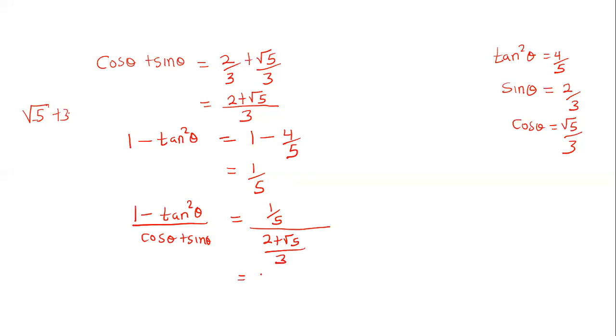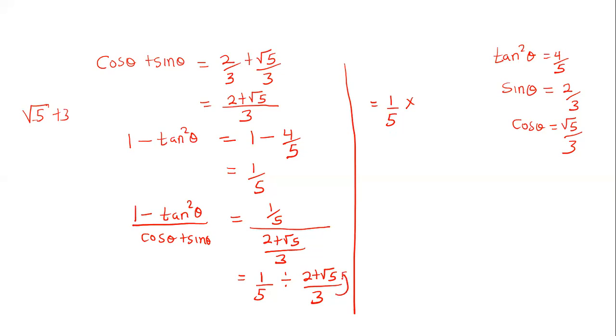Now we shall continue and say this is the same as 1 out of 5 times the reciprocal. This one comes up, this one comes down. So we shall have 3 out of 2 plus root of 5. So this will be 1 times 3. I multiply these and I'll end up with 3 out of 5 into 2 plus root of 5.